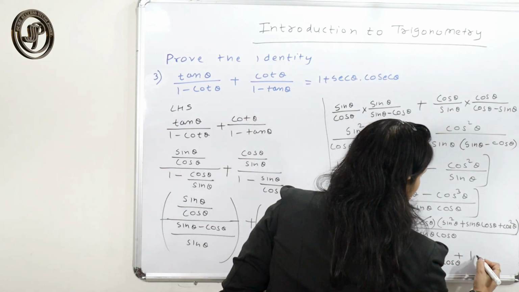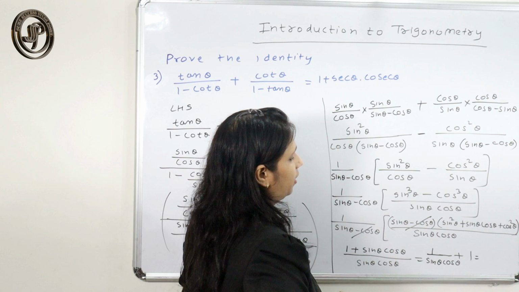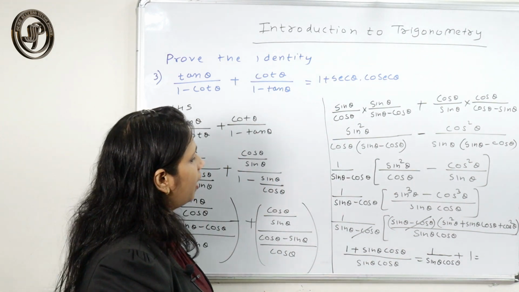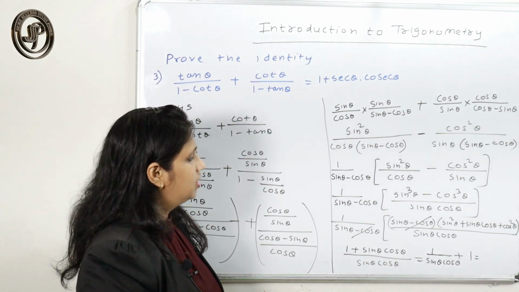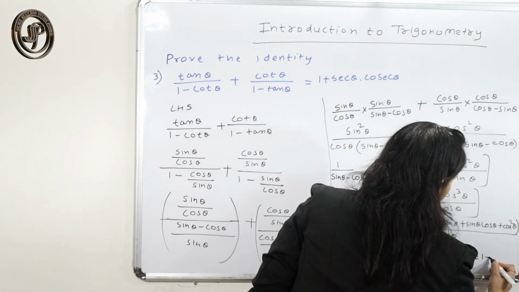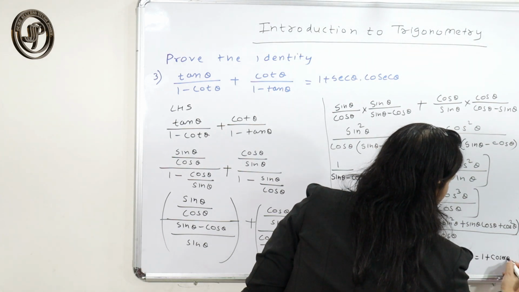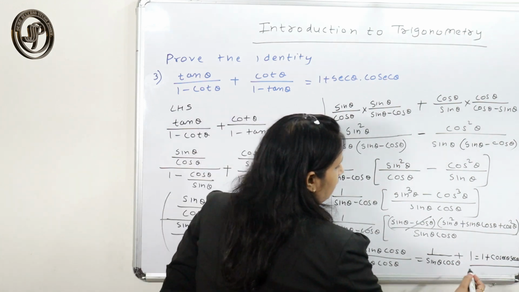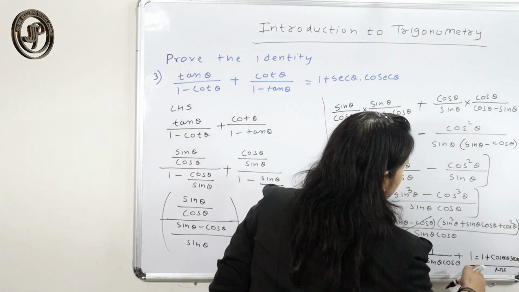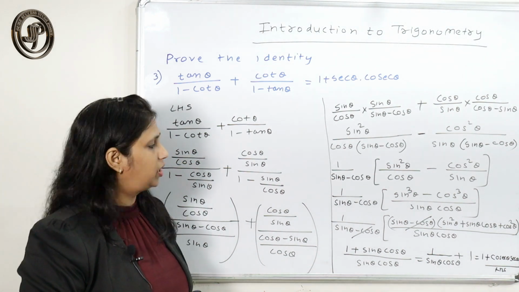So if I simplify this further, what do I get? 1 upon sin theta can be written as cosec theta and 1 upon cos theta can be written as sec theta. So I get 1 plus cosec theta sec theta. So that will be my result. That is my RHS that I need to prove: 1 plus cosec theta into sec theta.